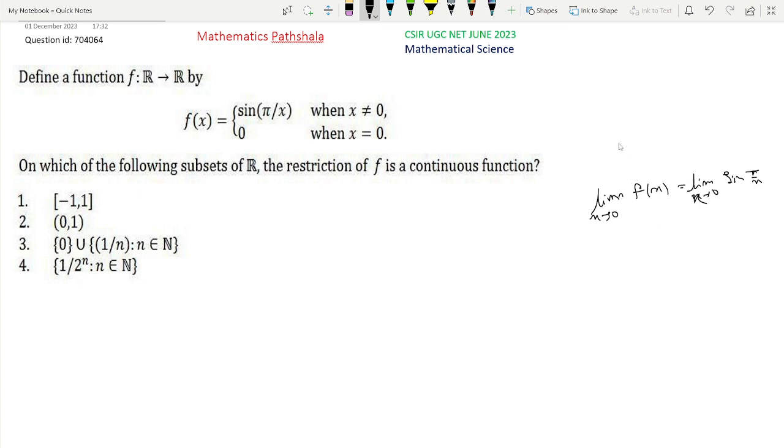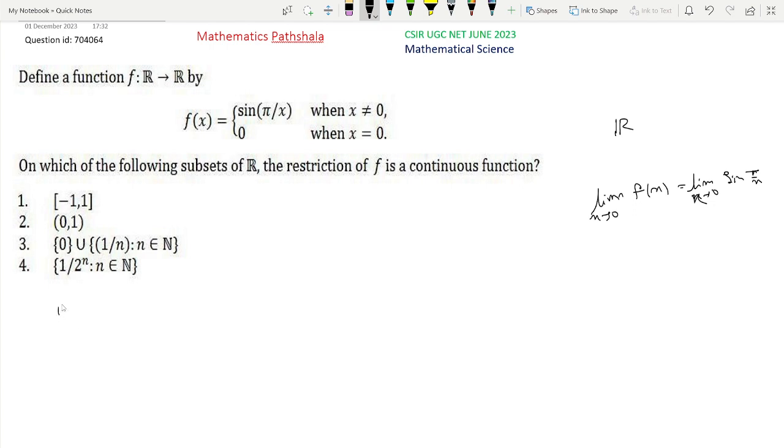So when we take R, the whole set of real numbers, as the domain of f, f is continuous at all points except x equal to 0, and at x equal to 0 f is not continuous. This is clear. Now we have to take each option and check if the restriction map is continuous or not.